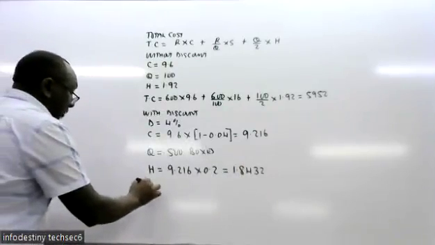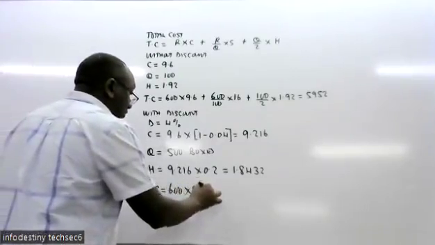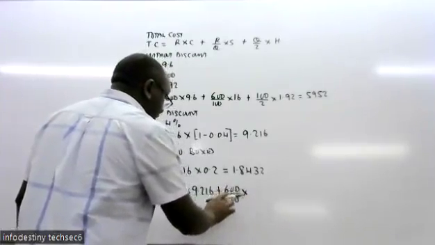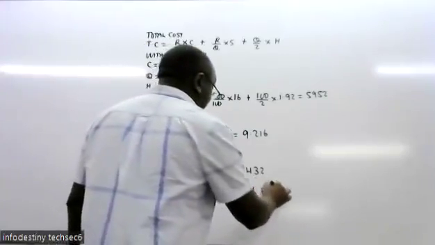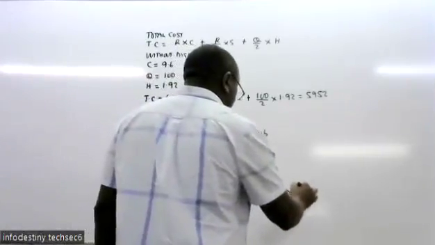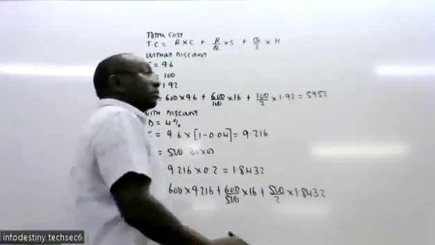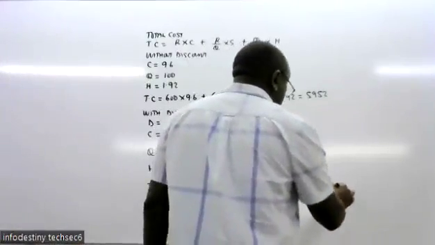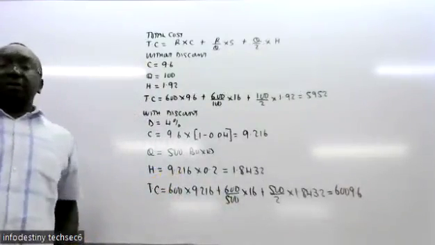So now we can get our total costs as 600 multiplied by 9.216 plus 600, you divide by 500, times 16, plus 500, you divide by 2, multiplied by 1.8432. You have 6,009.6.